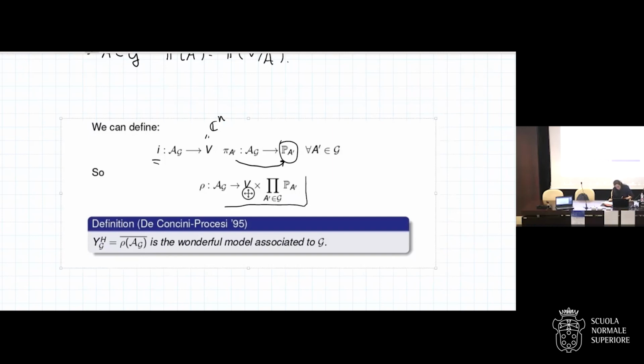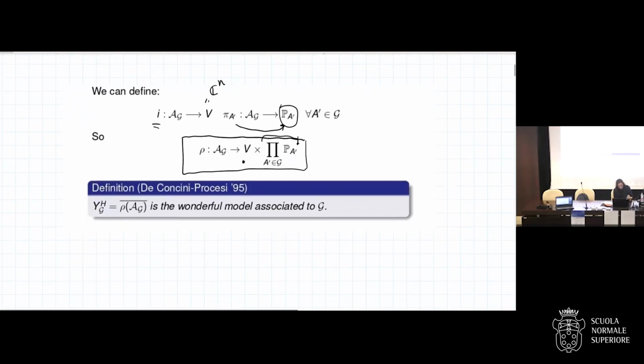Then one can define this map rho, which behaves as i on the first component of this Cartesian product, and like PA prime over the other components of this product. The closure of the image of this map is what is called the wonderful model associated to G.